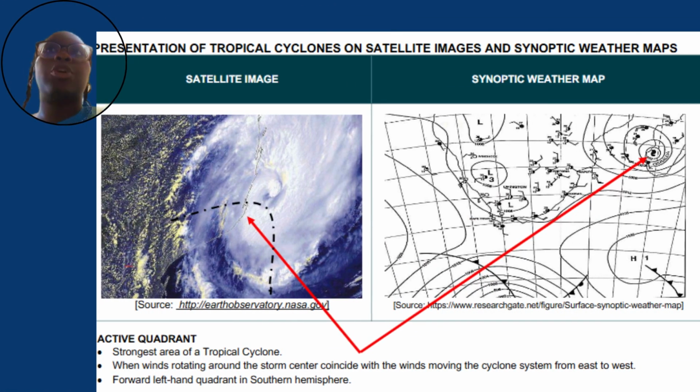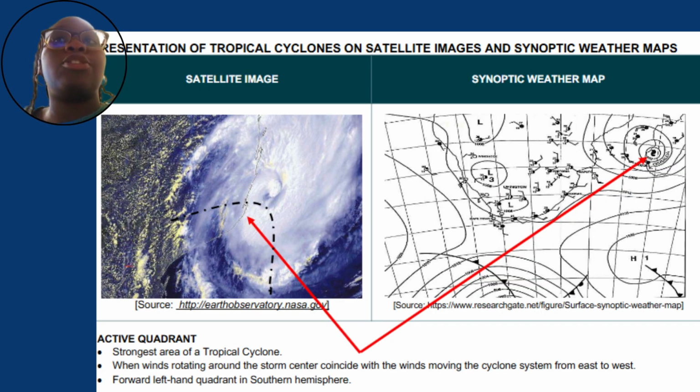Okay, so now I'm going to show you the presentation of tropical cyclones on satellite images. As you can see, if you look at those arrows that have been pointed, you see the eye that has been formed. So once you see that funky little shape, it's sort of like an S, but the center is bulging, that's your cyclone, the eye of the cyclone, right?